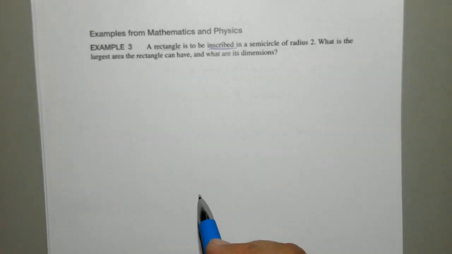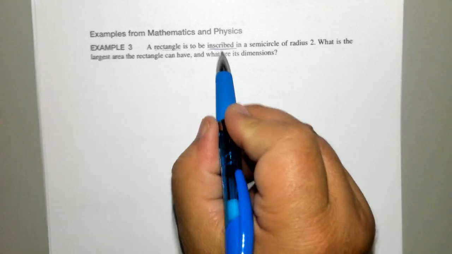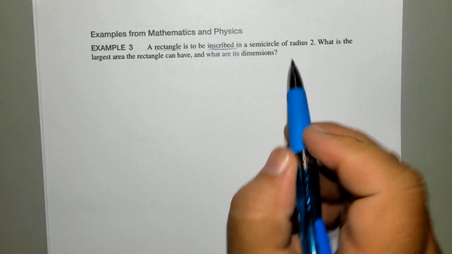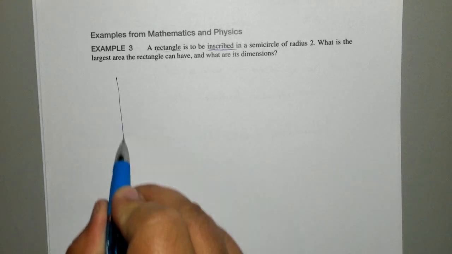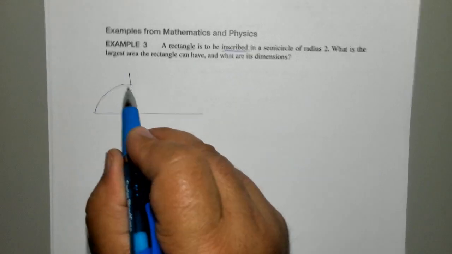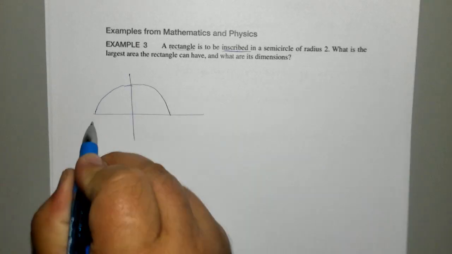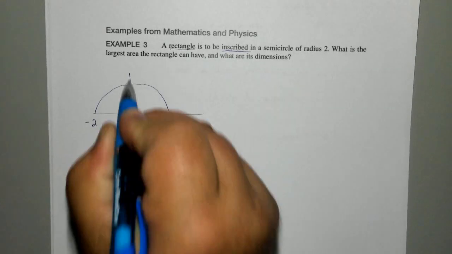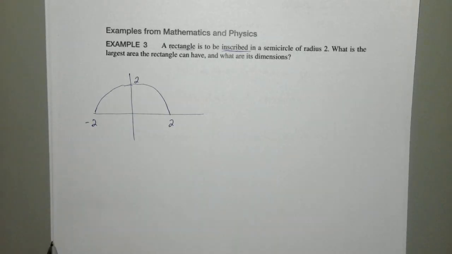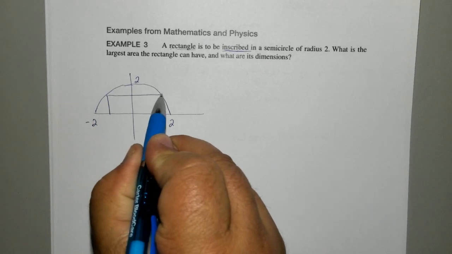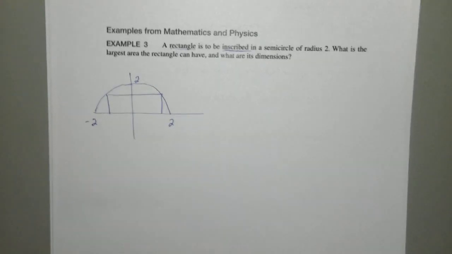To write. So a rectangle is to be written inside a semicircle of radius 2. The rectangle is supposed to be inside there.